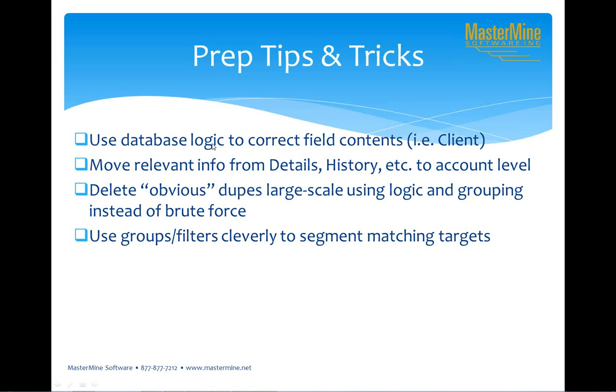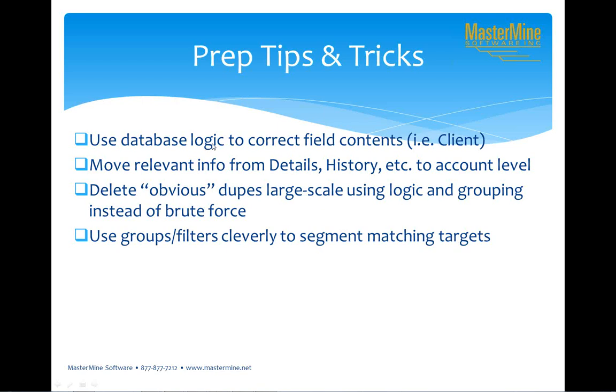I think I won't go into this too much in detail, except to say sometimes you do have information on your details tab, and you can't choose fields for your weighting that are not at the account level in GoldMine. But it's easy enough with MasterMine and Updater to temporarily move some information from details into a contact level field, into an account level field, so that you can do your merge purge.